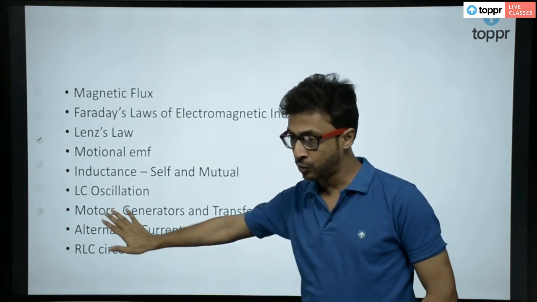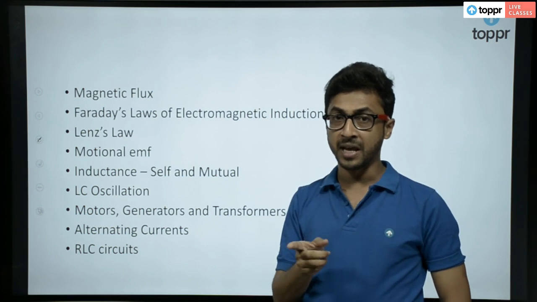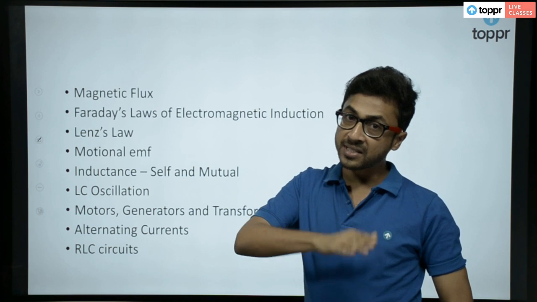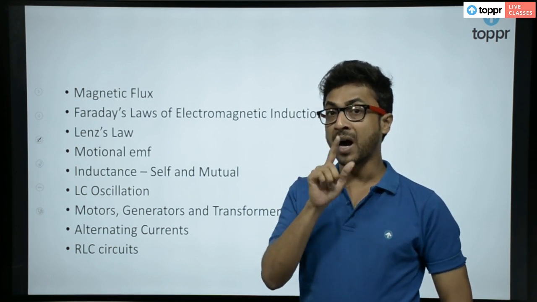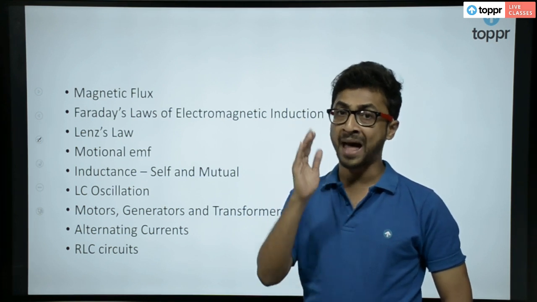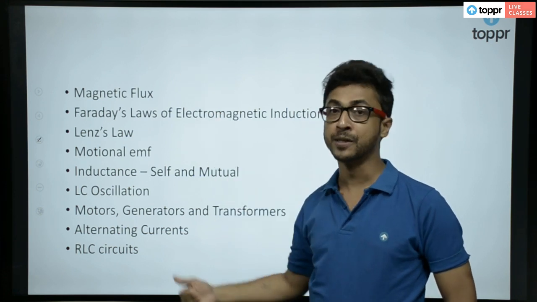Before going into the topics, first let me tell you, electromagnetic induction and alternating currents come just after the magnetic effects of currents. You have to remember most of the laws and principles of the magnetic effect of current to understand these topics.